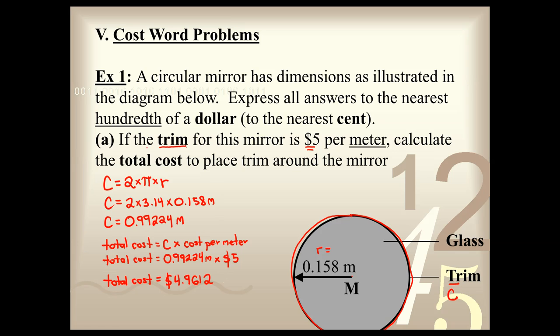However, this time around, we have to round to the nearest hundredth because the nearest hundredth of a dollar represents the nearest cent. To round to the nearest hundredth, which is the second decimal place, I need to look at what's happening in the thousandths position. The thousandths position has a 1, which means I'm not going to round that number up. Therefore, your total cost would just be equal to $4.96.